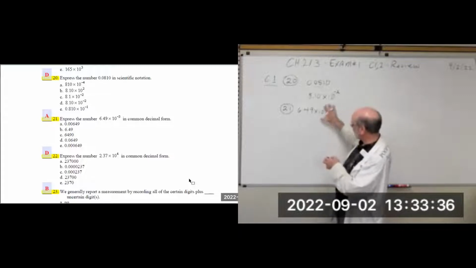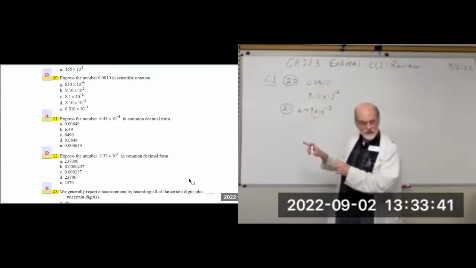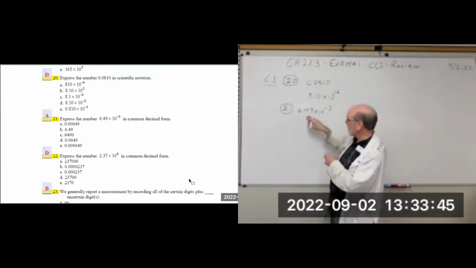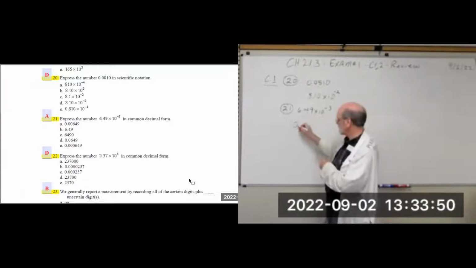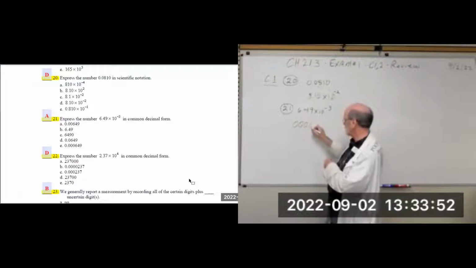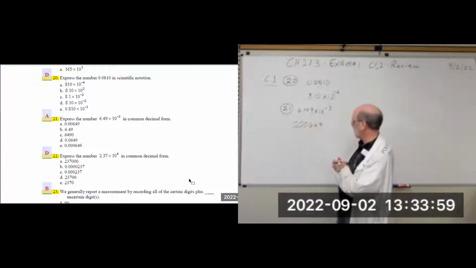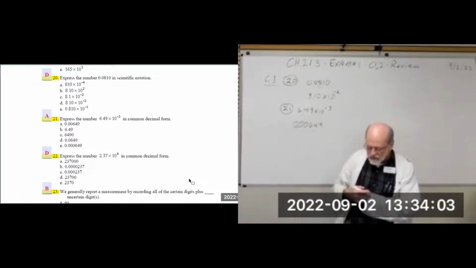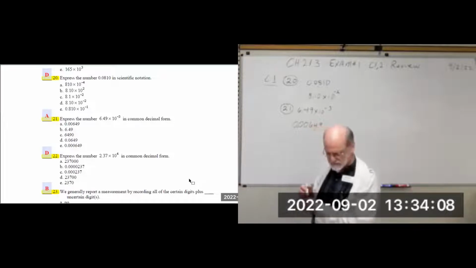You're taking this small multiplier and putting it back over here, which means the decimal has to move that way. You've got to make this number smaller as you put this information back into it. So let's make room here. 6, 4, 9. Starting here, going 1, 2, 3. There we go. And we still have 3 significant figures right there, which means A is the answer.